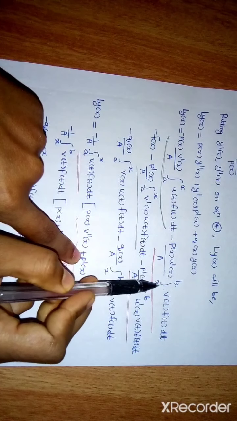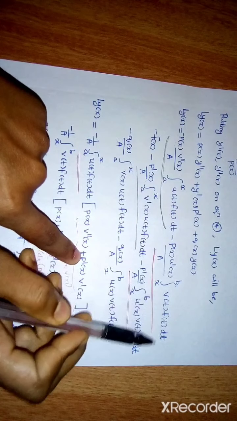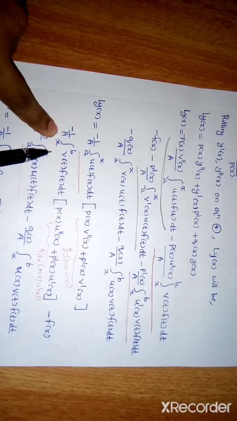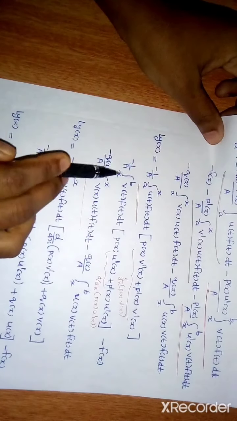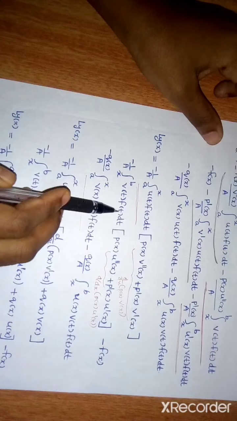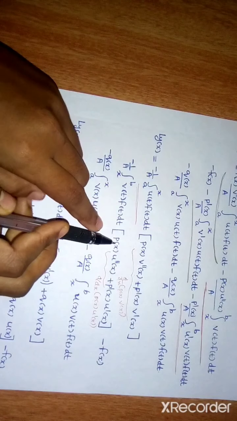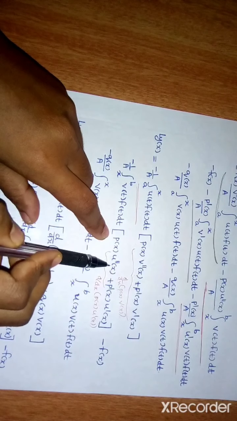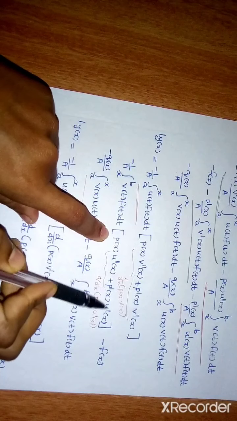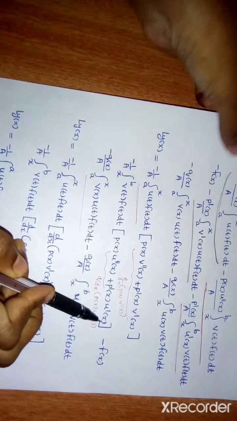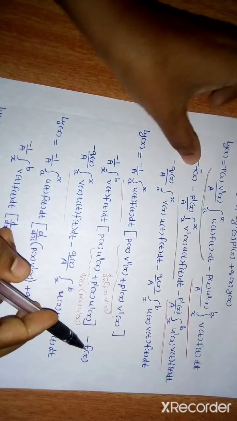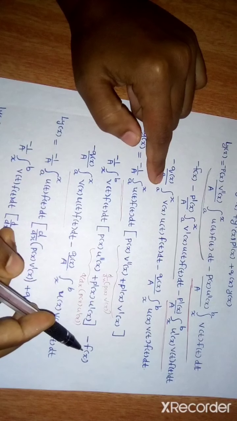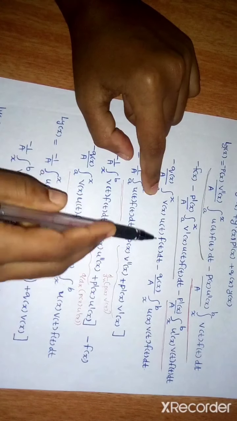Look at these terms. Here the integral x to b v of t f of t by a is common, so we take that one. So we get minus 1 by a integral x to b v of t f of t dt as common, and the bracket involves the left terms, that is p of x u double dash of x plus p dash of x u dash of x, and the remaining terms are minus q of x minus f of x, and the last terms come out to be these two terms.